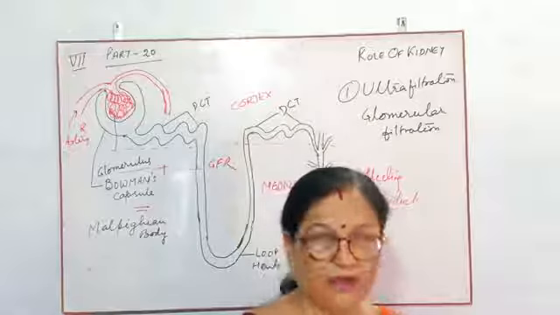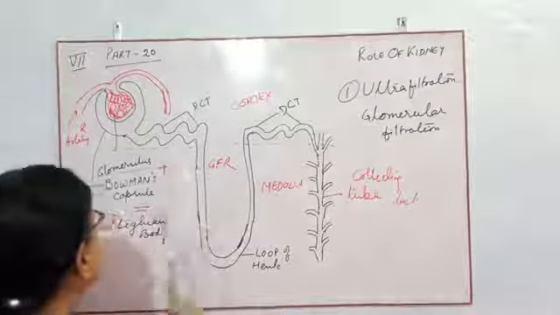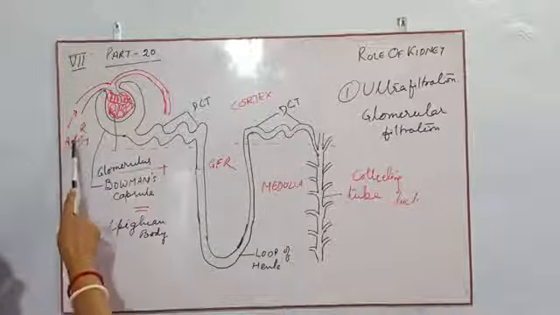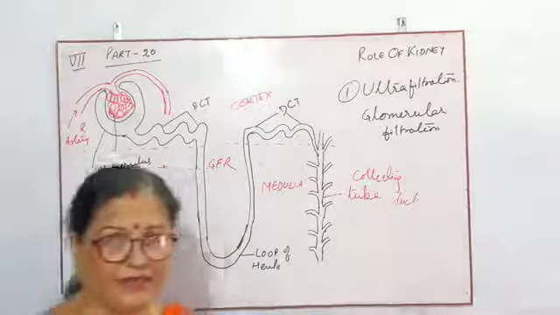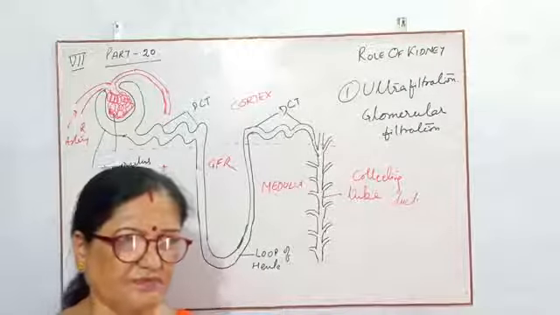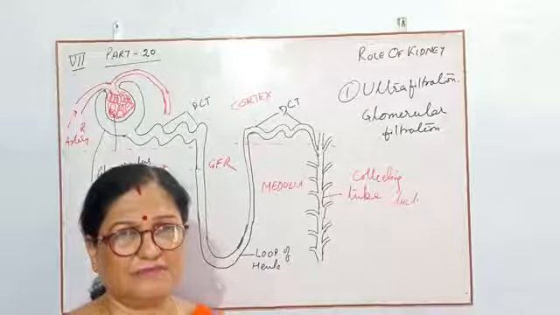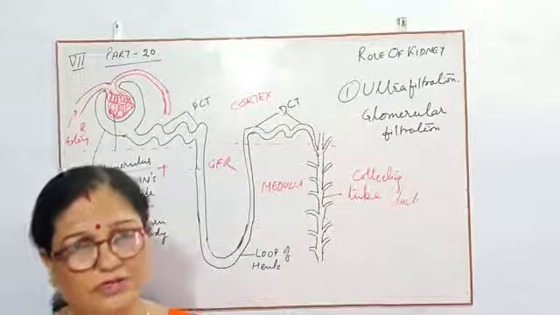Now children, how does the glomerulus help in the filtration? See, this is the renal artery. The renal artery will carry the blood along with the unfiltered material, which should be thrown out from the body.